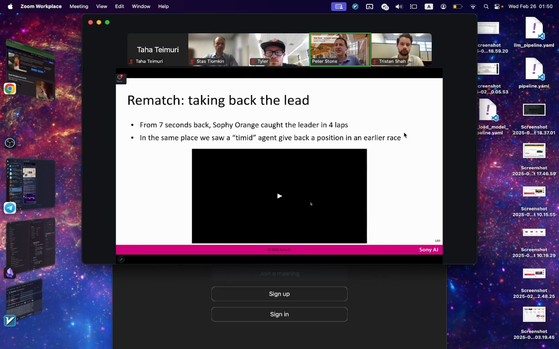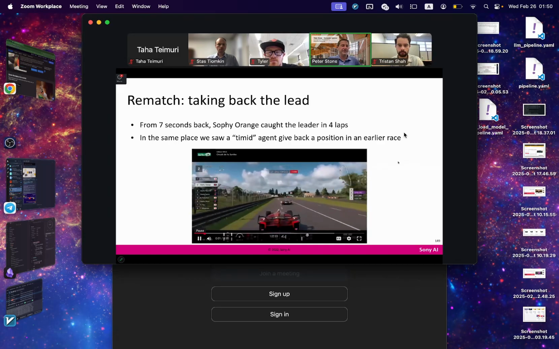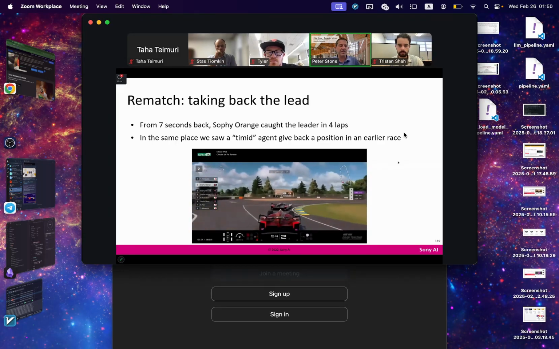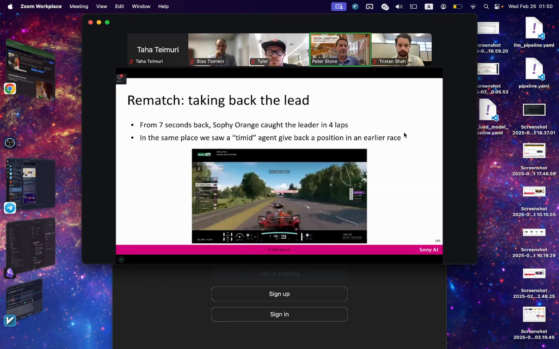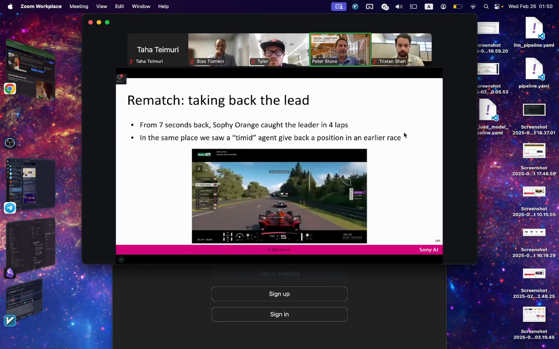And then here's this same situation where the car was too timid before, but instead we get the reverse, where GT Sophie was 7 seconds back and was able to pass the person and then stay in the lead. So you can see the difference here. Again, GT Sophie's the red car behind the person, and now being just the right amount of aggressive, trying to get in the slipstream.